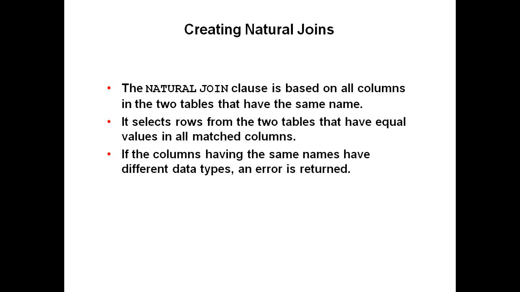Even that is possible, though that may not be possible with the same column name, but using different column names it is possible to join. But in natural join, the condition is that two tables should have the same column name. This is the mandatory condition. And as you can read in the second point, it selects the rows from two tables that have equal values.